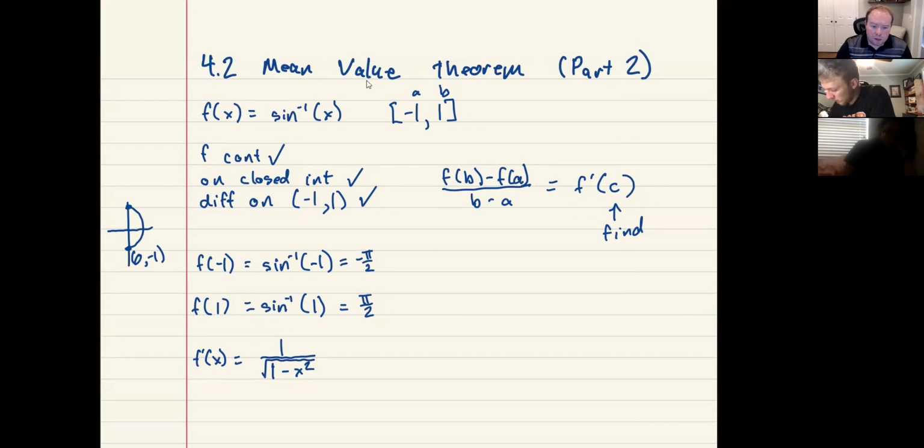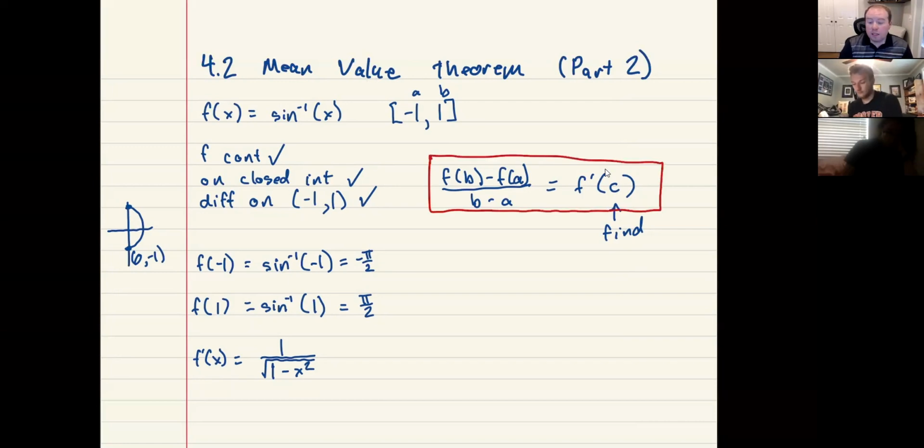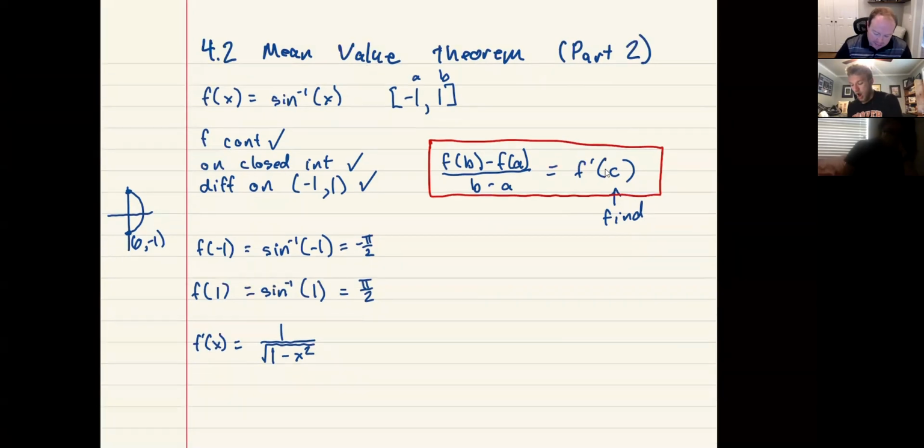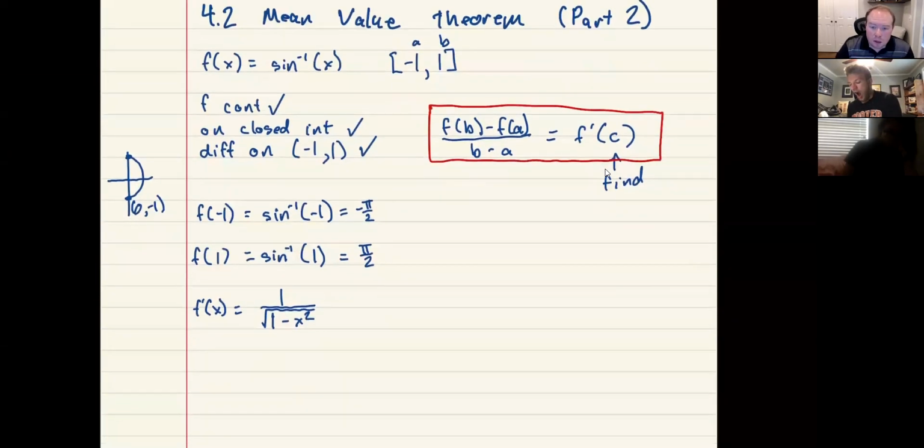What we'll do now is use this equation, and that'll allow us to find the value of x, or in this case c, remember c is just an x value, that satisfies the conditions of the mean value theorem. That is to say, the secant slope is going to be the same as the tangent slope at that point c. So let's do that.